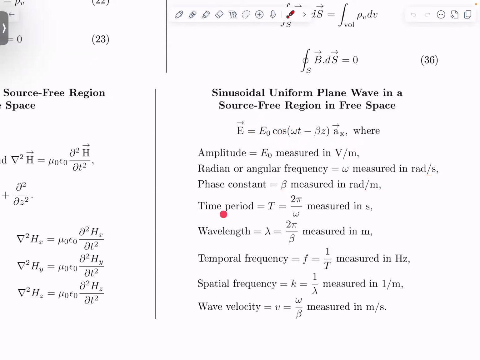And on the left-hand side, we get omega minus beta times dz by dt. Sorry, we need dz by dt.